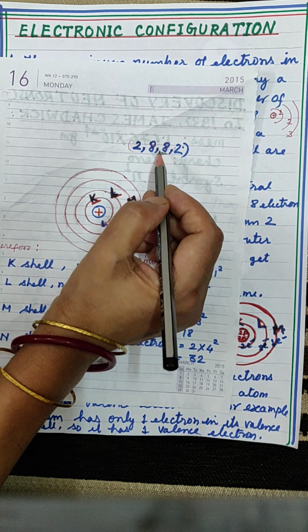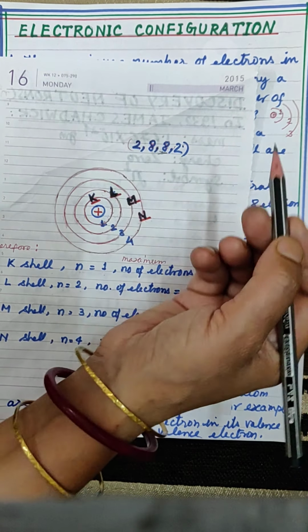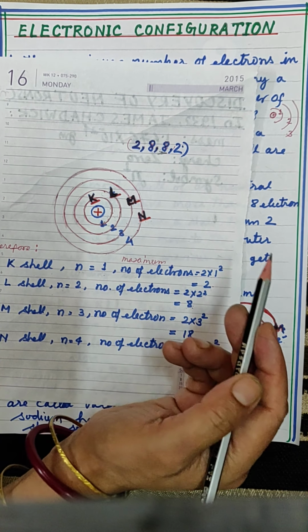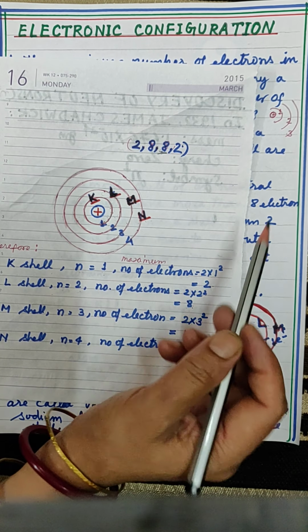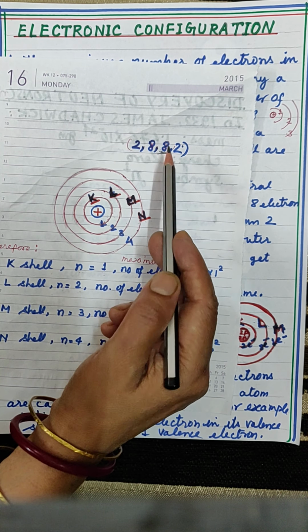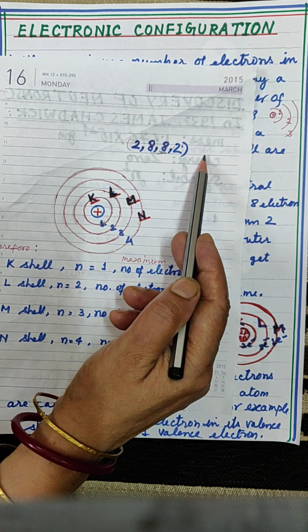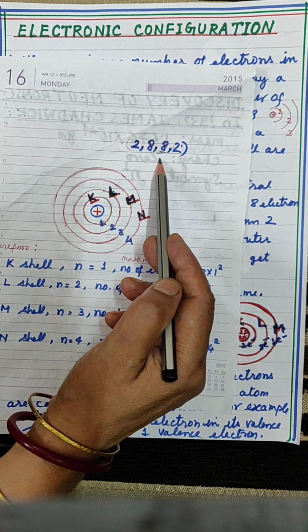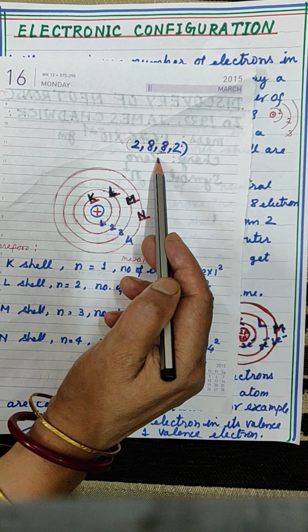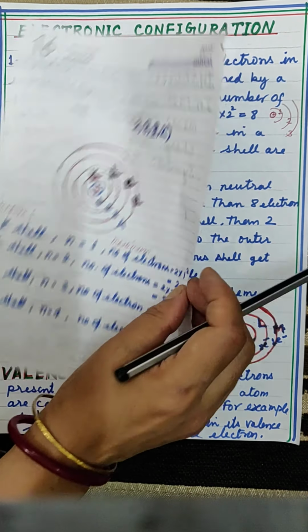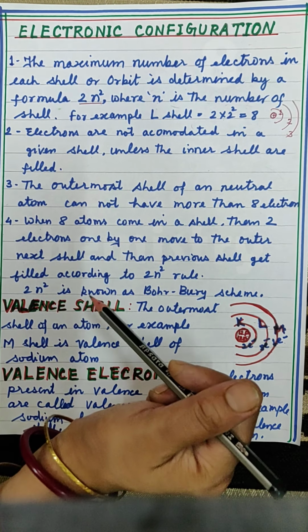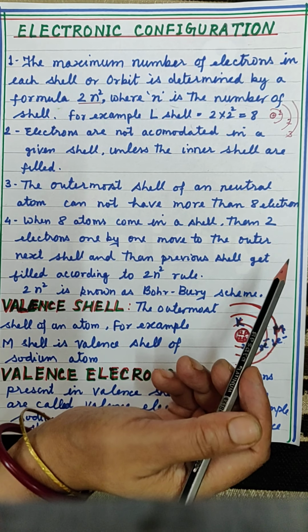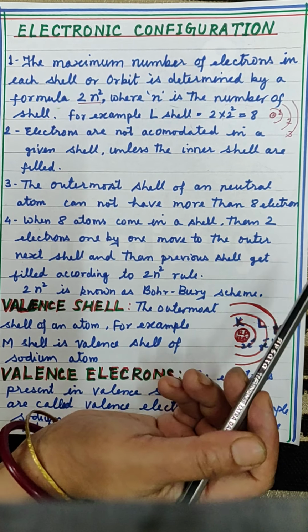So the rule is, it is not necessary that an orbit be completely filled according to the 2n square rule before electrons can go to the outermost orbit. As a matter of fact, once 8 electrons come in any orbit, then 2 electrons go outside, and after that, if it can accommodate more, more electrons will come to that orbit. So this is all about the rules of writing electronic configuration. In the next video, we will discuss how to write electronic configuration for atomic number 1 to 20.